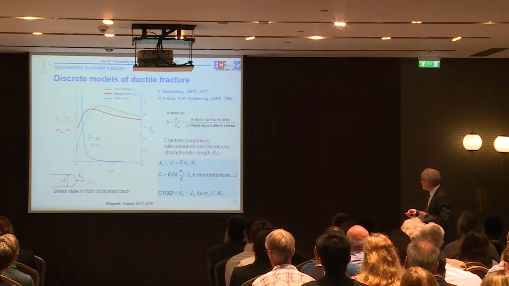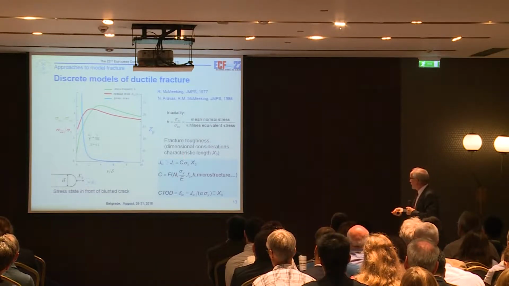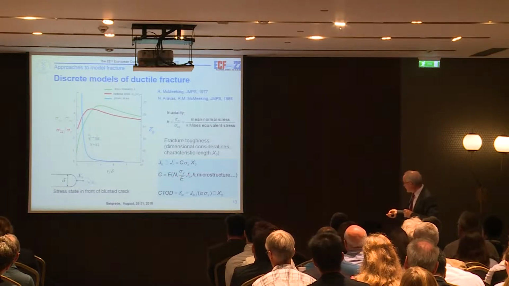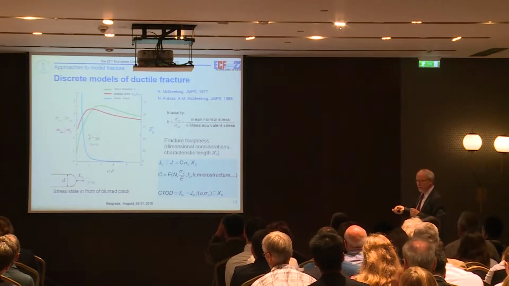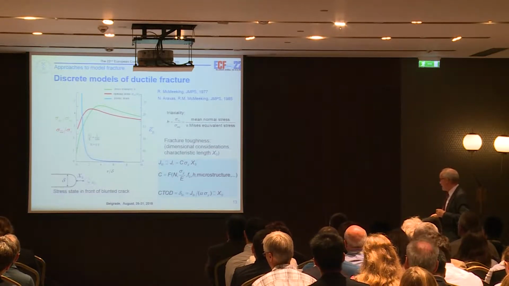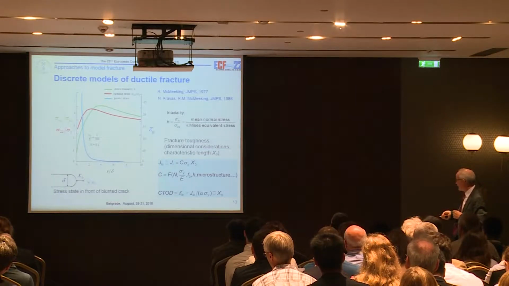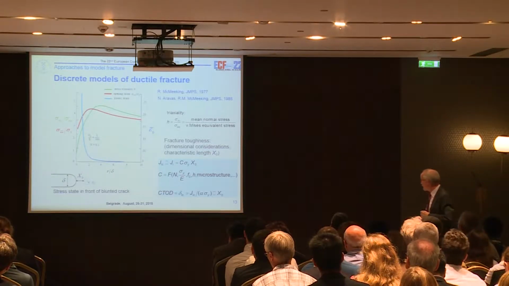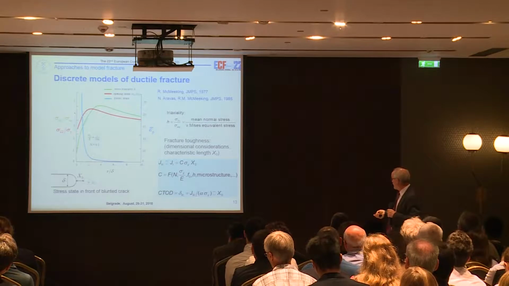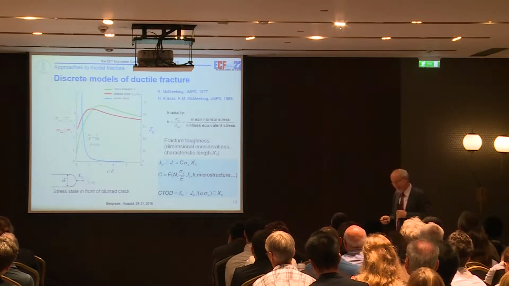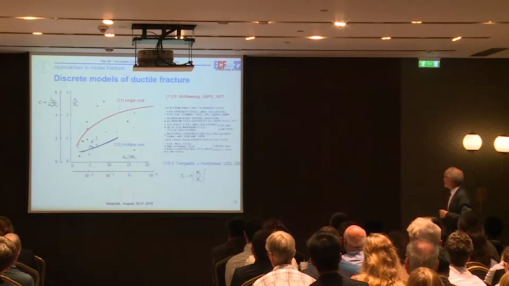And there's a coefficient which depends now on the hardening, on the elastic plastic material properties, the initial porosity, the triaxiality, and all microstructural features. Similar parallels we can draw for the crack tip opening. Sorry, Microsoft made some new symbol here.